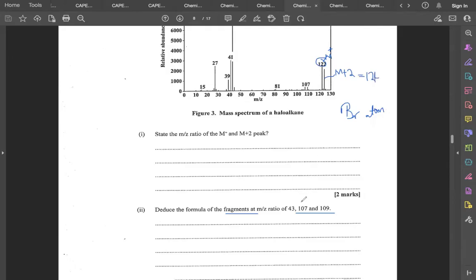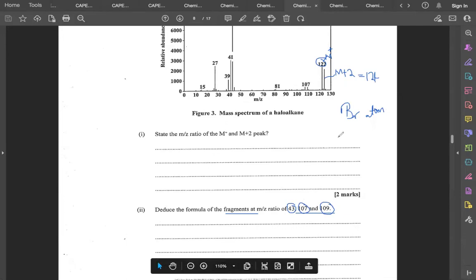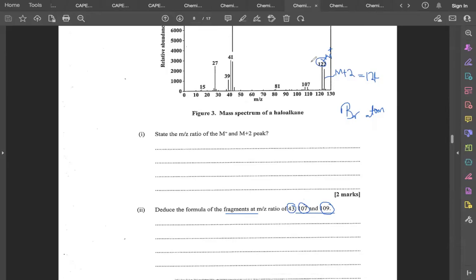And they're asking us about the fragments at 43, and then 107 and 109, right? All right, so here's how we're going to approach this fragmentation part now. The molecular ion peak is 122, so that's the mass of our entire molecule. Our entire haloalkane is going to be 122.